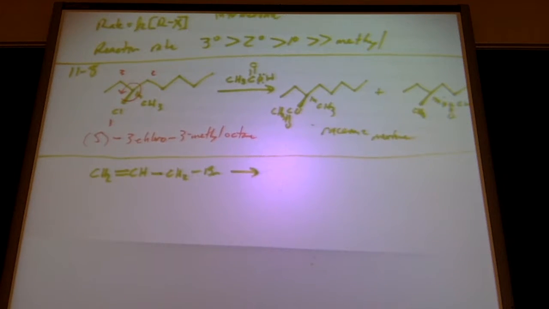So allylic and benzylic are the position adjacent to it. So if the halogen is attached directly to your double bond, it's unreactive. If it's one away, it can take place through an SN1 mechanism.